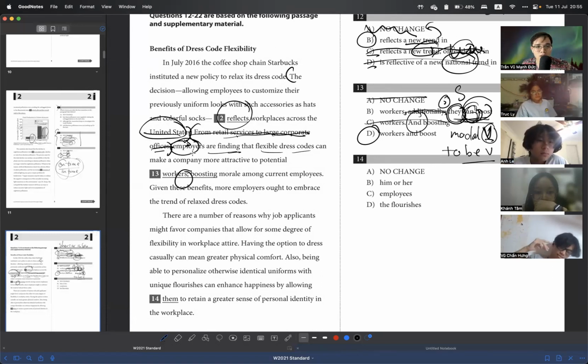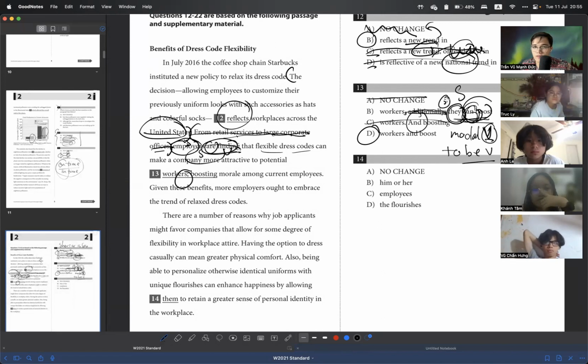Employers is the subject, are finding, are is a verb. So this is a verb, and we crossed additionally out, leaving just one comma. This is a comma, and this is also a subject and a verb. It creates a run-on. That's why this answer is wrong.